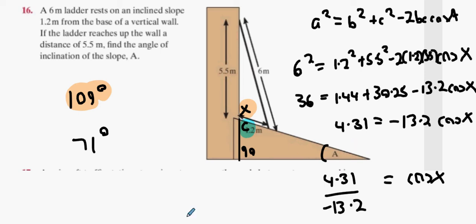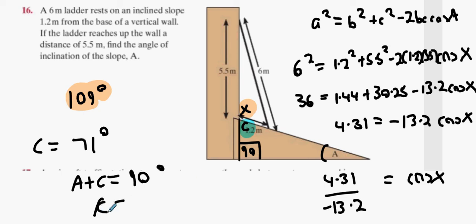C plus A has to equal what? Why does it have to equal 90 degrees? Can anybody tell me? Yeah, it has to add up to 180, and 90 degrees of it is already taken up at the right angle. So therefore, A would have to be 19 degrees. There you go, Chetty. Good man. Well done.